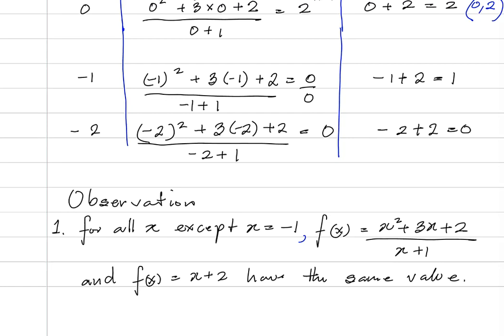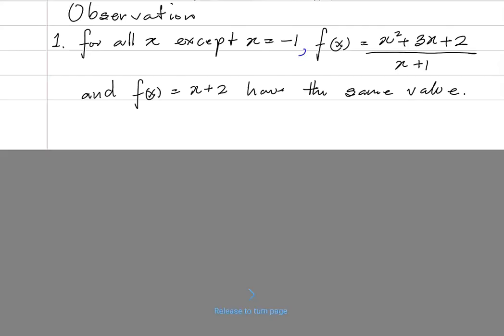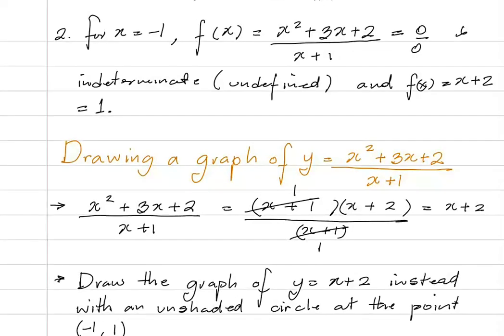And for every value of x except x equal to minus 1, they have the same value. What else have we observed? For x equal to minus 1, f of x is equal to 0 over 0, which is indeterminate or undefined, and x plus 2 is equal to 1.